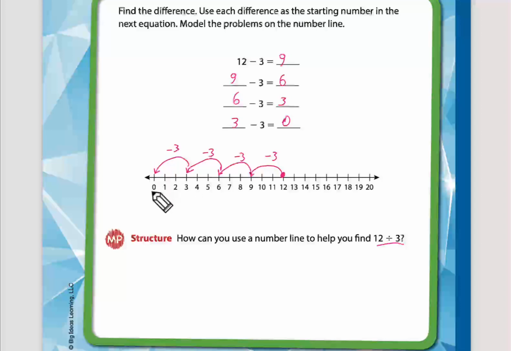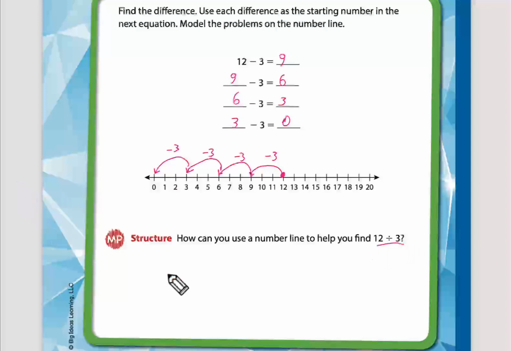Now we can count the number of times we subtracted 3 to find the answer. How many times? 1, 2, 3, 4. So we subtracted 3 four times. So the answer to 12 divided by 3 is 4.